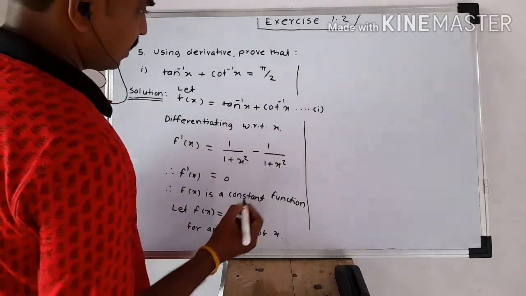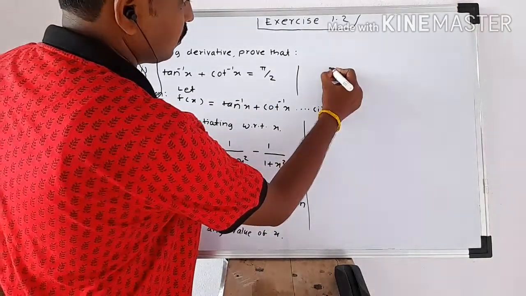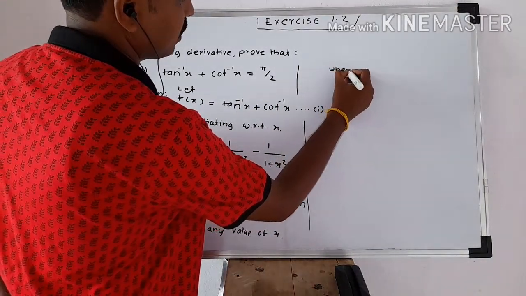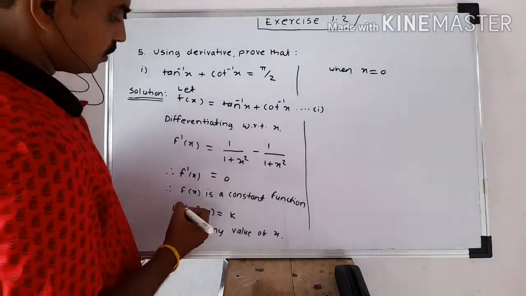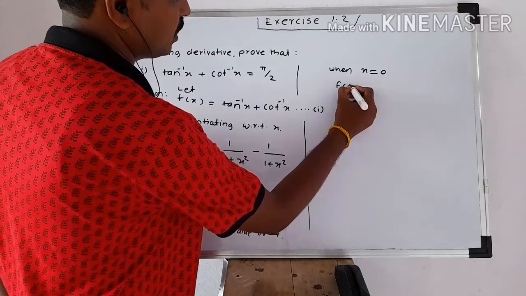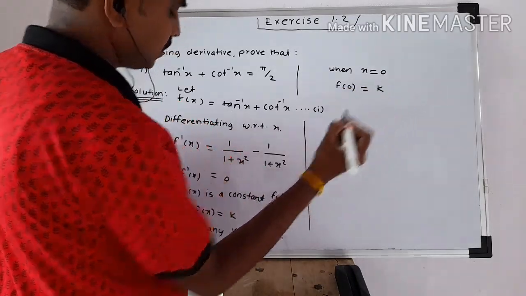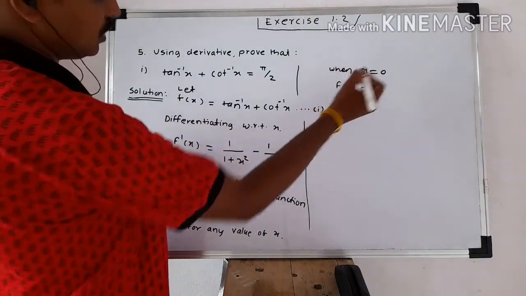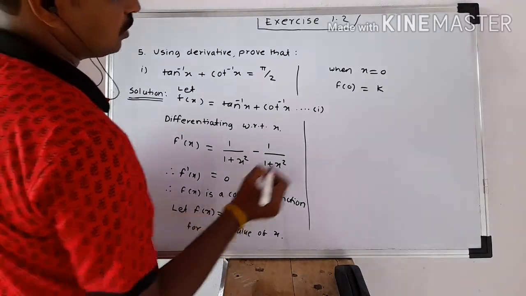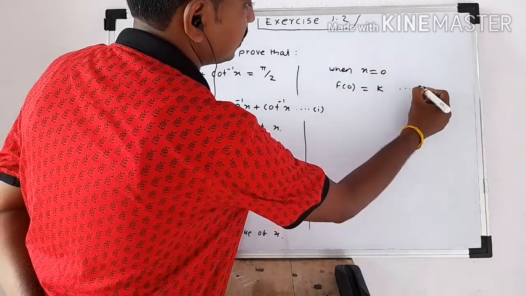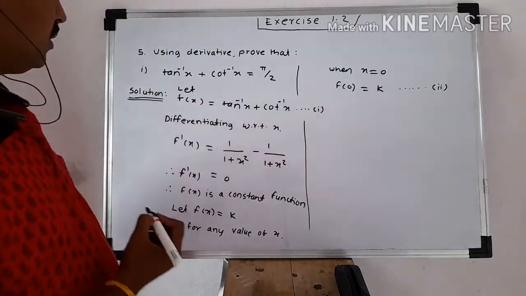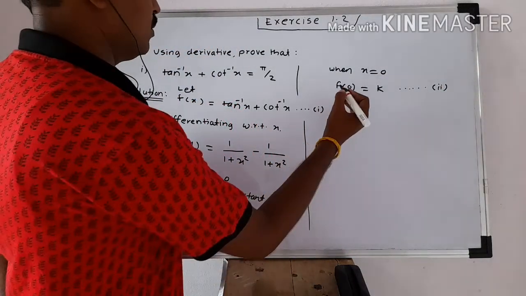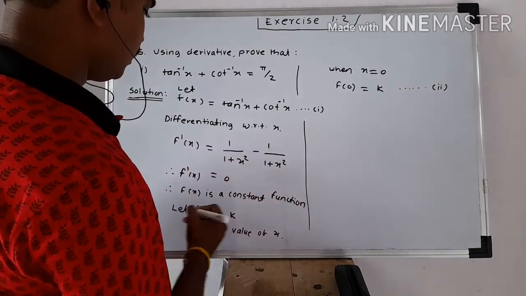Now when x equal to 0, then f of 0 will be k. If we substitute x as 0, then f of 0 will be k. We write this as equation number 2.